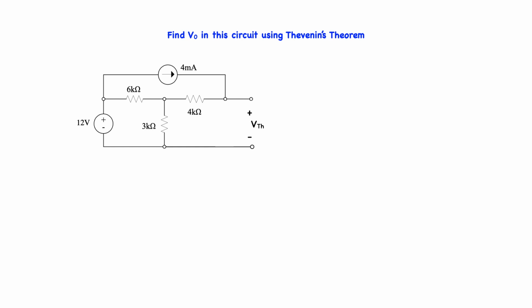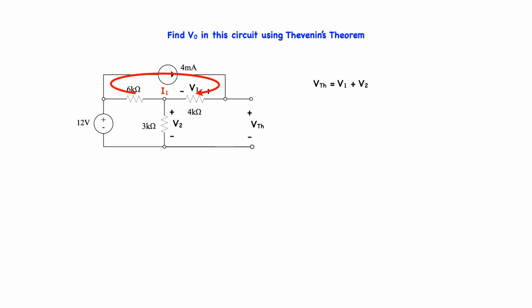Let's find the Thevenin voltage first by letting the voltage drop across the 4K ohm resistor be V1 and the voltage drop across the 3K ohm resistor be V2. Then VTH is equal to the sum of V1 and V2. We now need to determine these voltages. We know that the current through the 4K ohm resistor, call it I1, is 4 milliamps due to the current source.